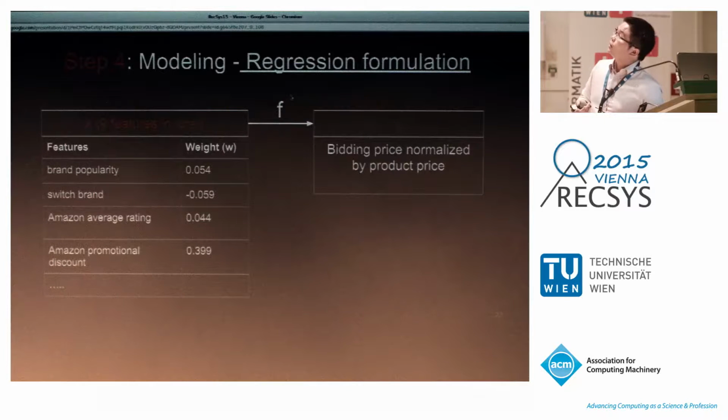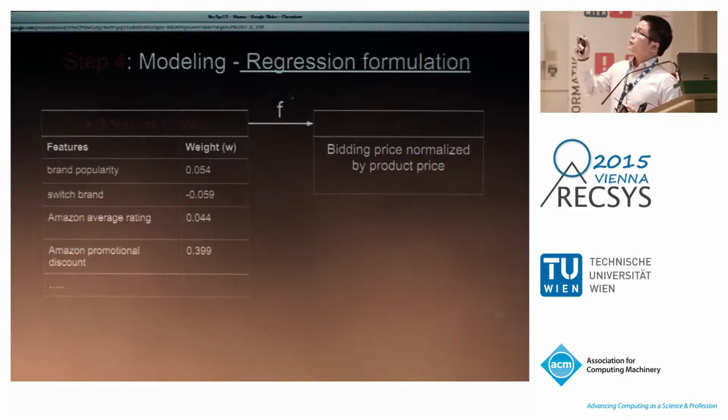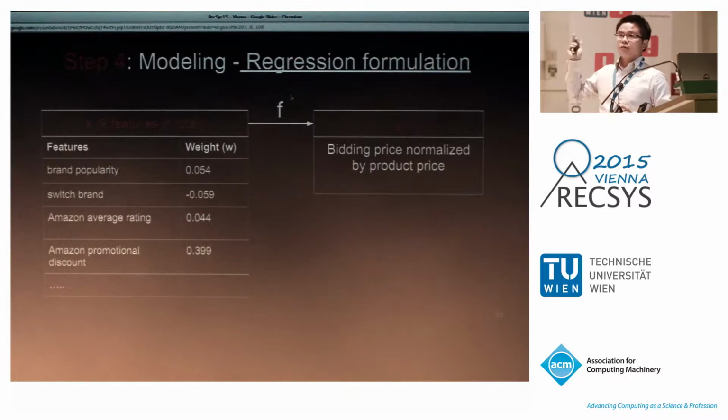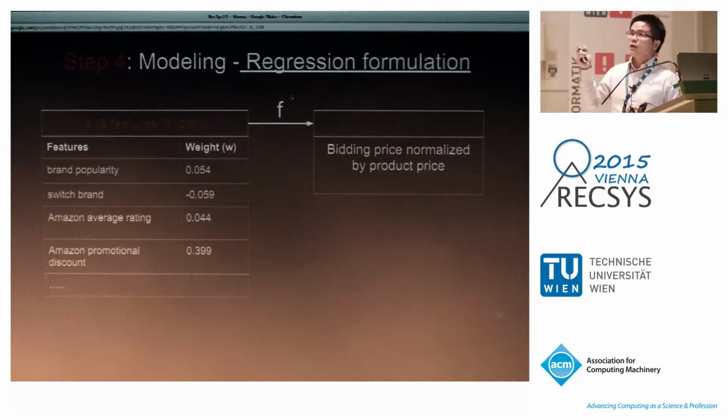For example, brand popularity and whether users switch the brand, and also Amazon's original average rating, and the promotion rate. On the right-hand side is the user's bidding price. So we learn a linear regression function between these two sets of quantities.